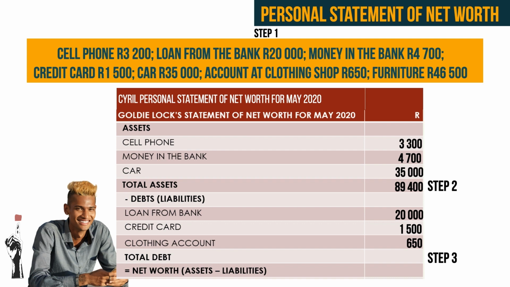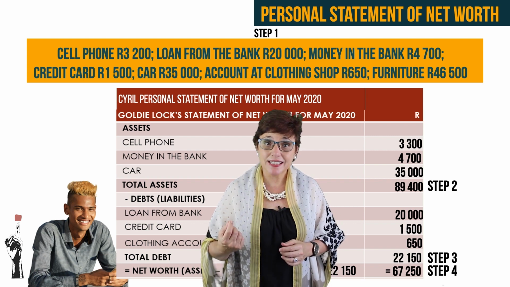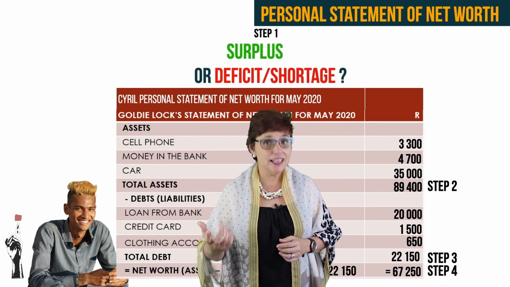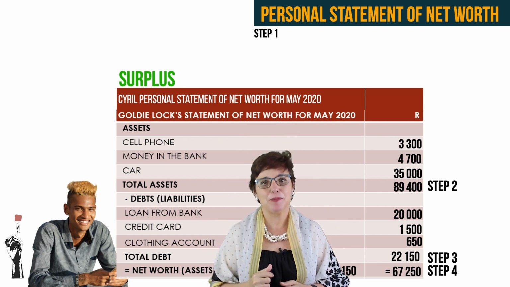Then you add the value of his total liabilities or debt. The fourth step is you subtract the liabilities from the assets and calculate your net worth. Then your last step, you must determine, is it a surplus or a shortage? So in Cyril's case, is he making a shortage or a surplus? Yes, he is making a surplus.